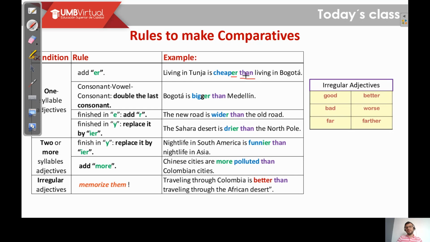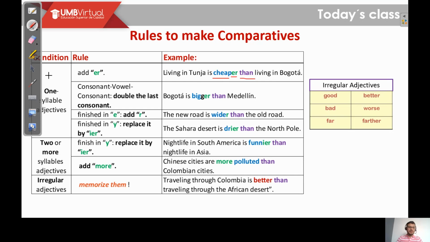No es el que, that que is what. But in this case es que de comparar. Living in Tunja is cheaper than living in Bogotá. El adjetivo es cheap, acuérdense, lo acabamos de ver. Not that expensive, you pay less. Cheaper. Cheaper means more cheap.